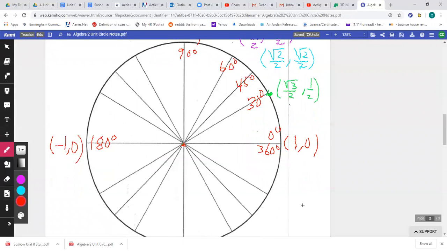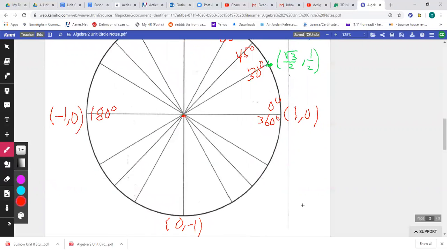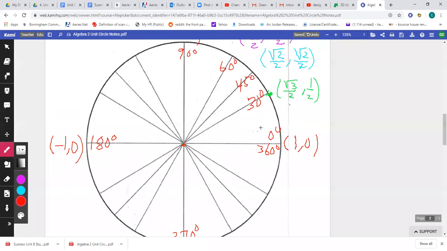You should also know that this is 270, because it's 3/4 of a turn. And then a full circle is 360. Okay. So 0, 30, 45, 60, 90, 180, 270.